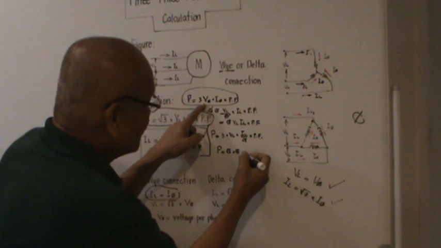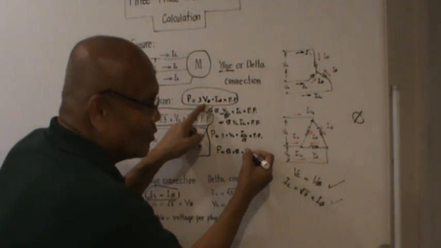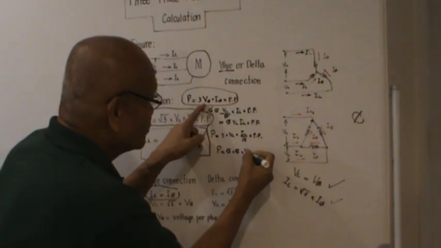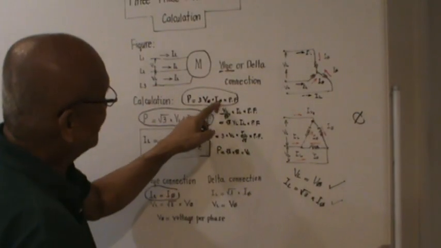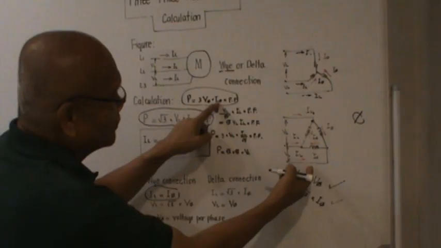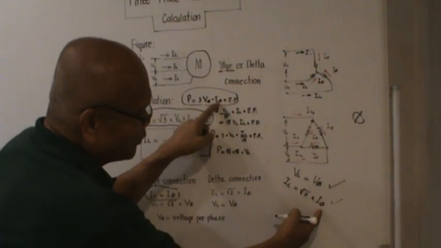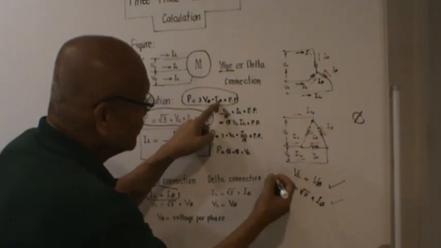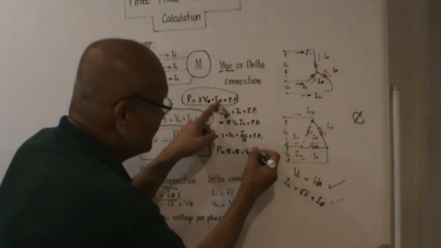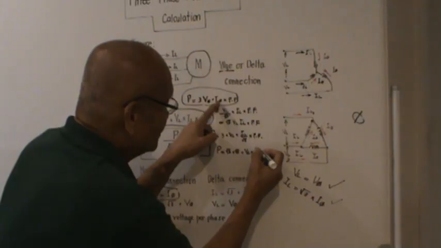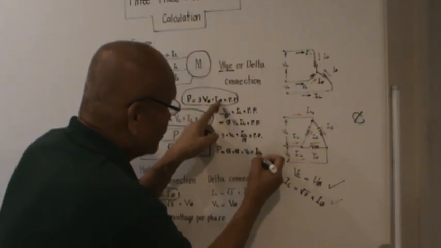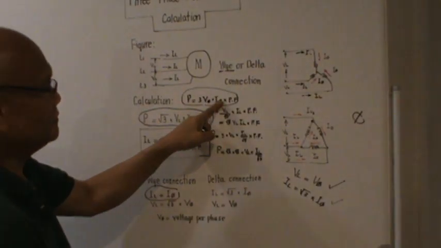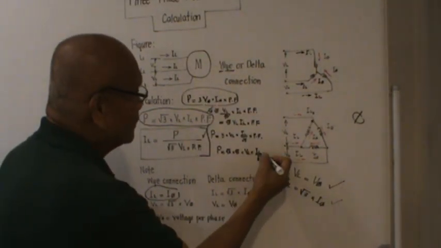So this is multiplied by, instead of phase voltage, since they are the same, in terms of line voltage, this should be V sub L. The current per phase for a delta connection, if we try to compute from this relationship here, should be the line current over square root of 3. So this is multiplied by a line current over square root of 3. Could you see it, guys? Times the power factor.